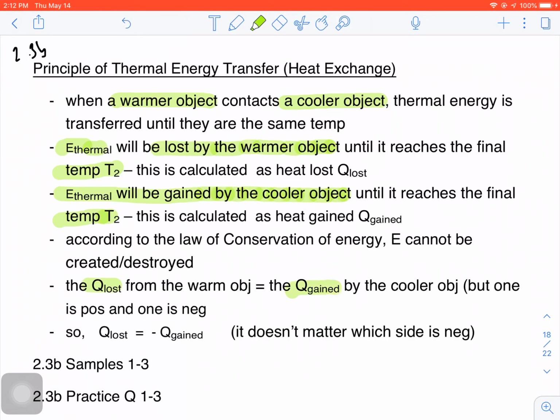But one is negative: the Q lost is going to be a negative number, and Q gained will be a positive number. So I can't say Q lost equals Q gained mathematically unless I put a negative sign in there. The reason the negative sign has to be there is that mathematically the total energy change in the system has to be zero.